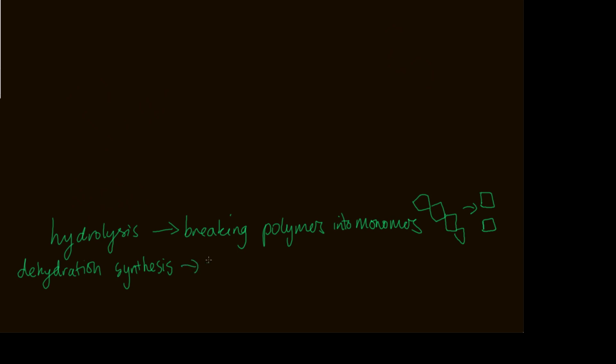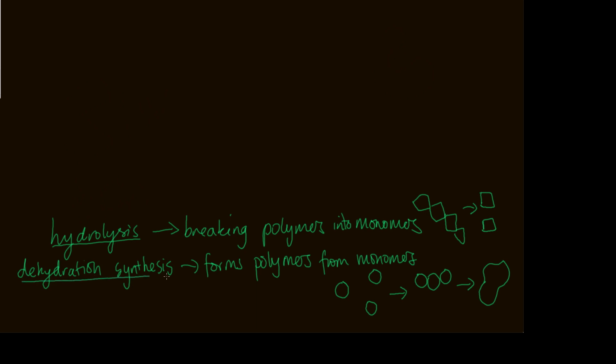And what this does is form polymers from monomers. So this might be, for example, taking our individual amino acids and bonding them together with peptide bonds into our polypeptide chain, which will then fold up into a protein. So the process of protein synthesis. So these are our two reactions that we're going to look at.